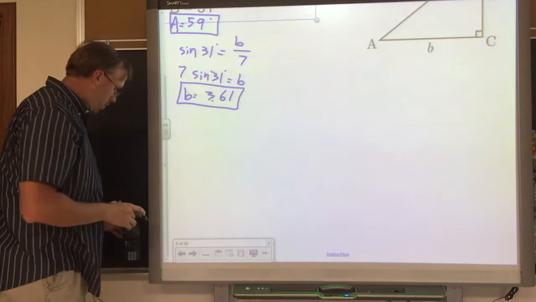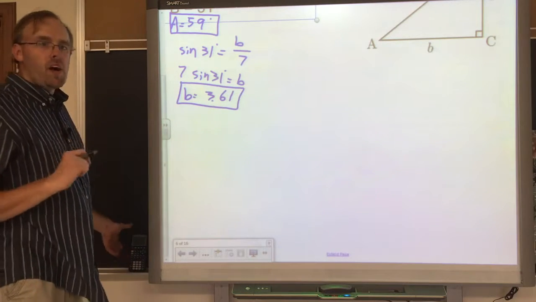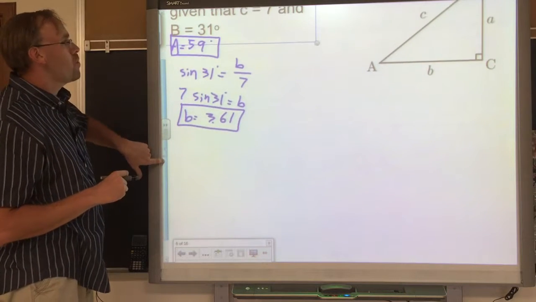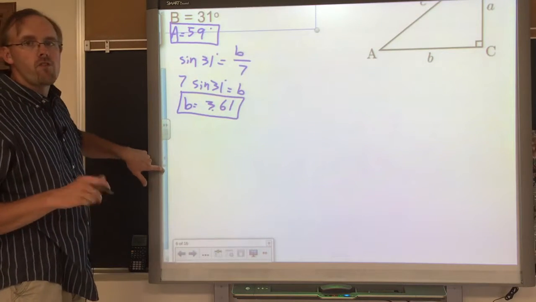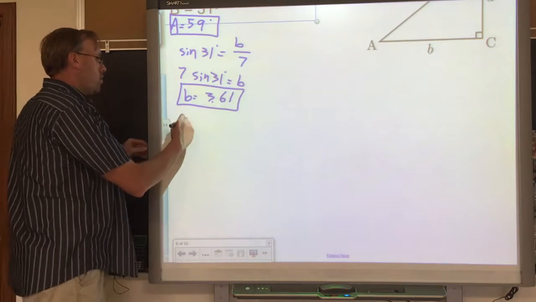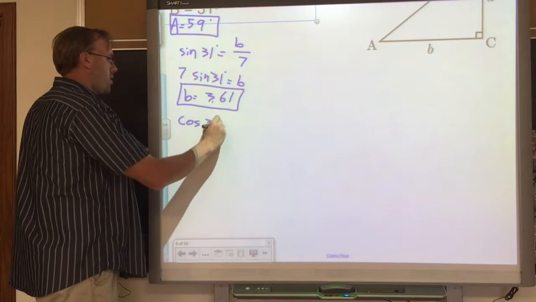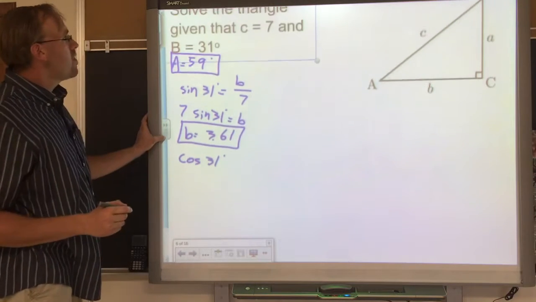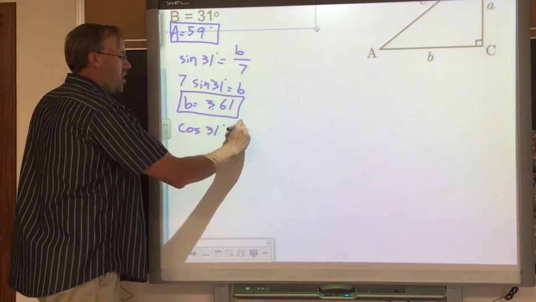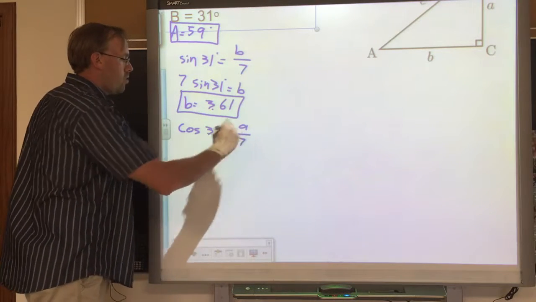Now I could use the Pythagorean theorem again, but I find the Pythagorean theorem a little too cumbersome when we have these trig ratios. I believe that these trig ratios are a little bit quicker. If we use cosine of 31 degrees, again, that is angle B, that's going to equal the adjacent side, which is A, over 7.